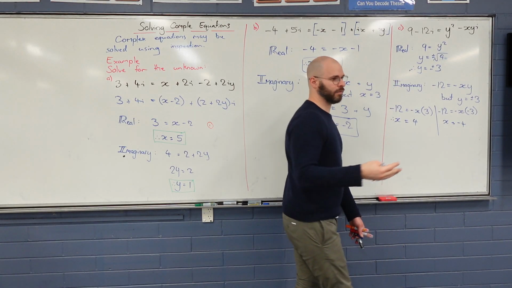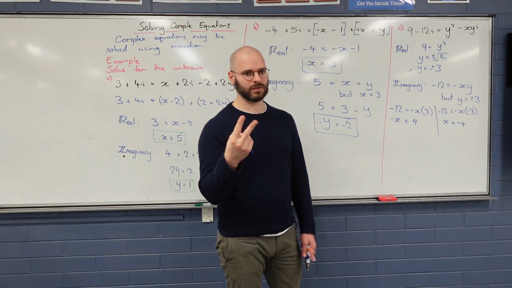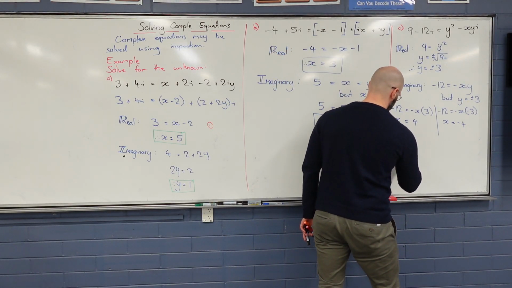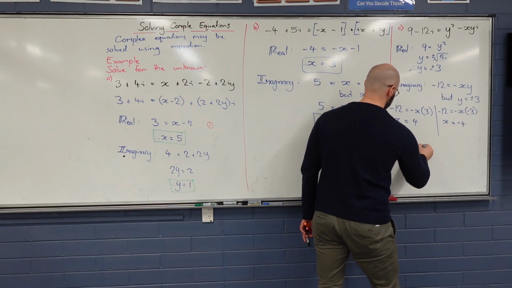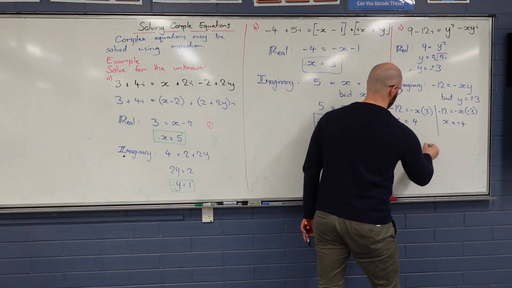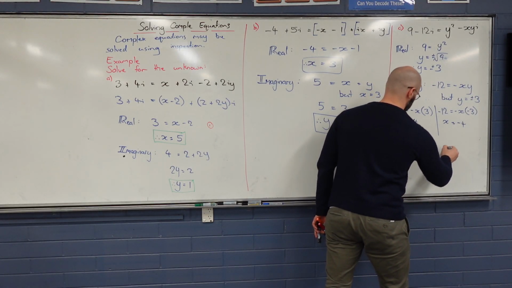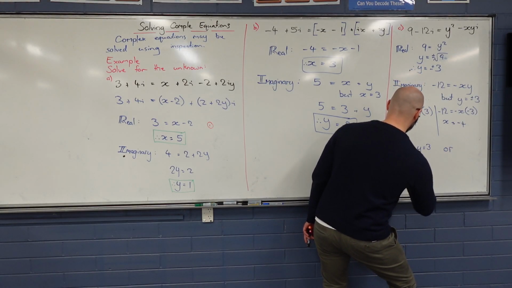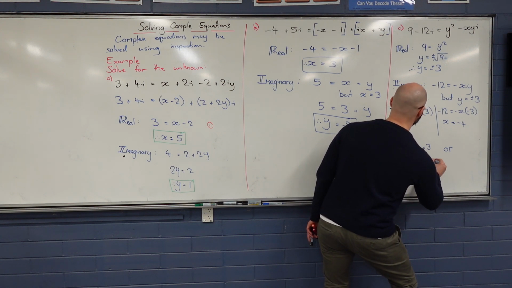So we actually have 2 answers containing 4 numbers. x is 4 and y is equal to 3, or x is equal to negative 4 and y is going to be equal to negative 3.